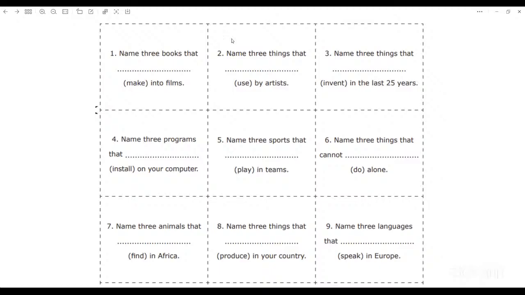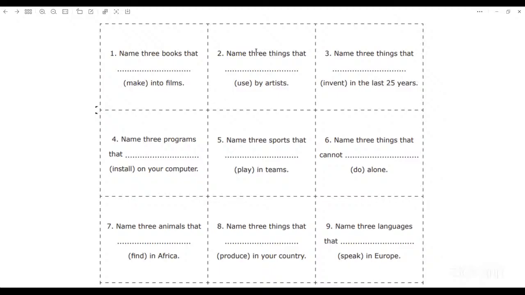Okay, what about Harry Potter? Harry Potter is the famous children's book series from J.K. Rowling, and those books were made into films. My favorite is probably Lord of the Rings. I loved reading Lord of the Rings when I was a little kid, and it was great to see that those books were also made into films.